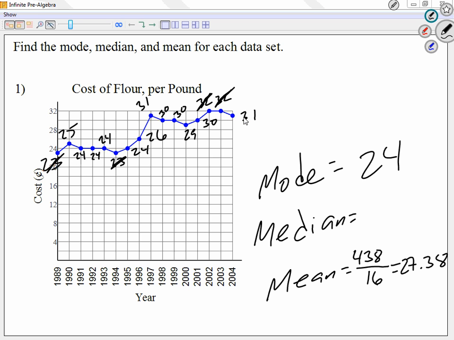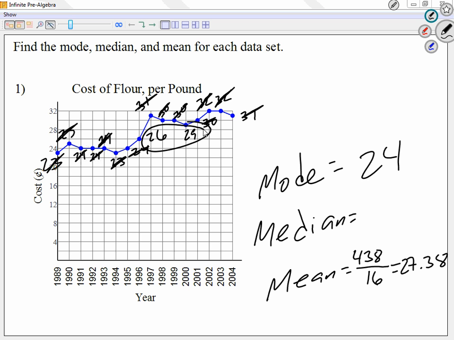Then again, and again, each time canceling the biggest number and the smallest number that I see.